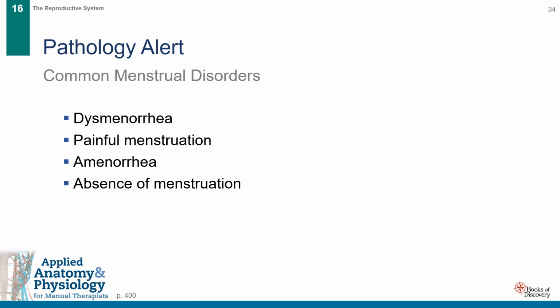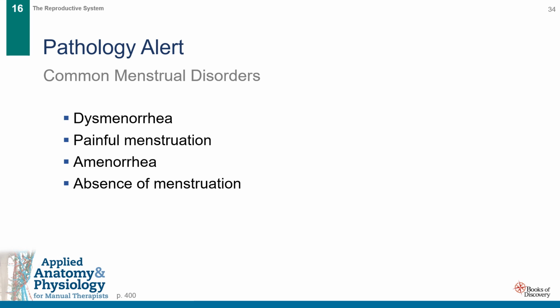Let's take a look at some of the common menstrual disorders. Painful menstruation is called dysmenorrhea. While many people experience some general discomfort or mild cramping, the symptoms associated with dysmenorrhea are severe enough to keep a person from engaging in regular daily activities for 1 day or more each cycle.